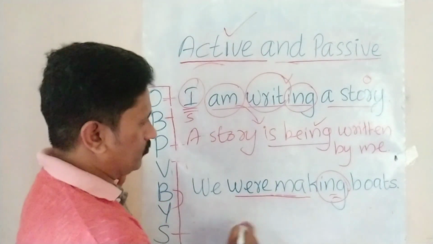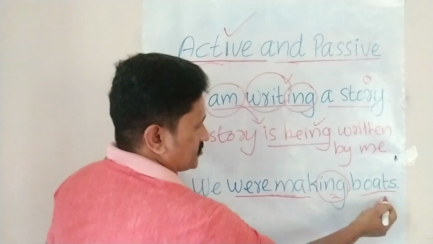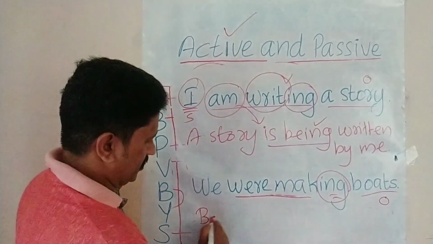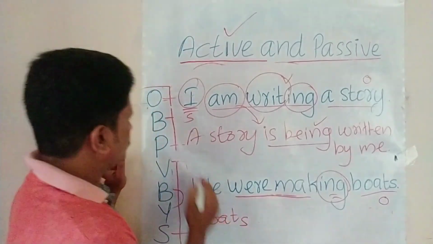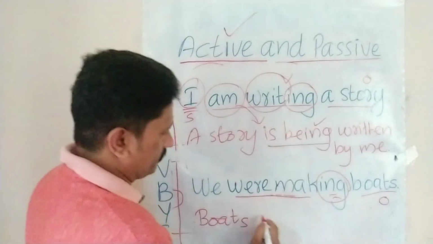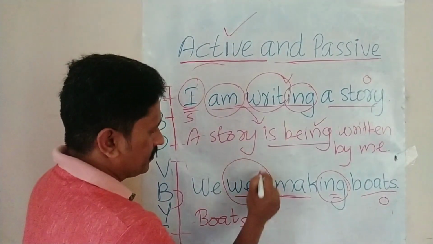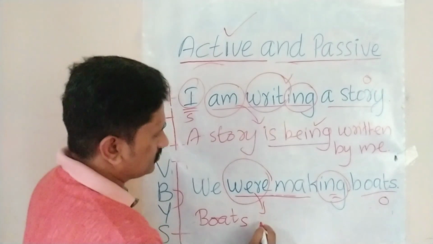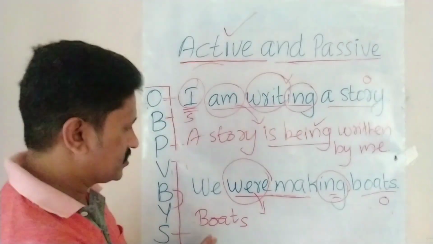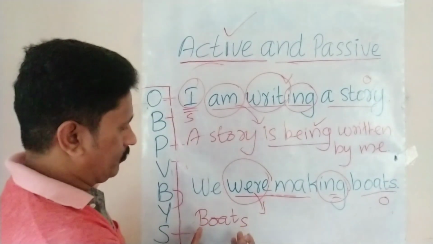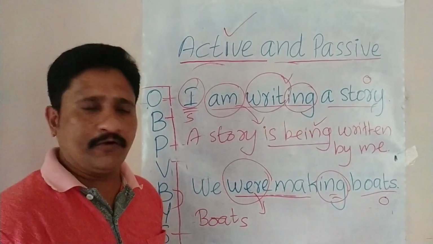Okay, so we begin with the object, that's boats. Okay, so begin with the object, boats, and then use the be form. So before you use the be form, bring it down. Okay, here there isn't going to be any change because it is according to the noun, that's boats, which is in plural.